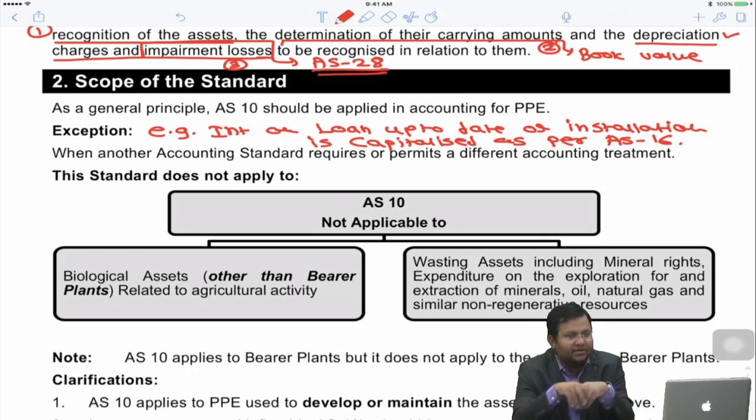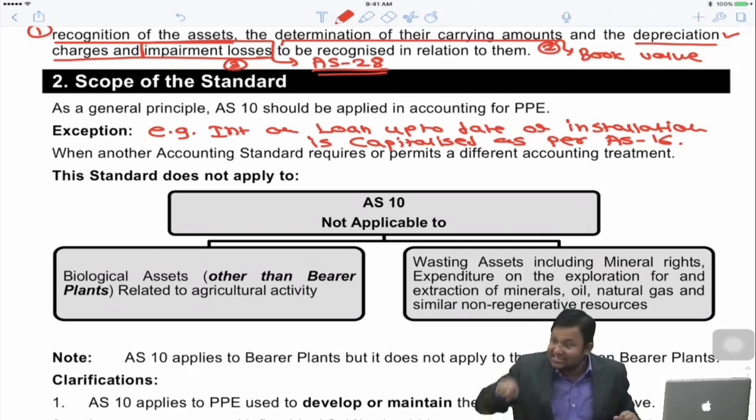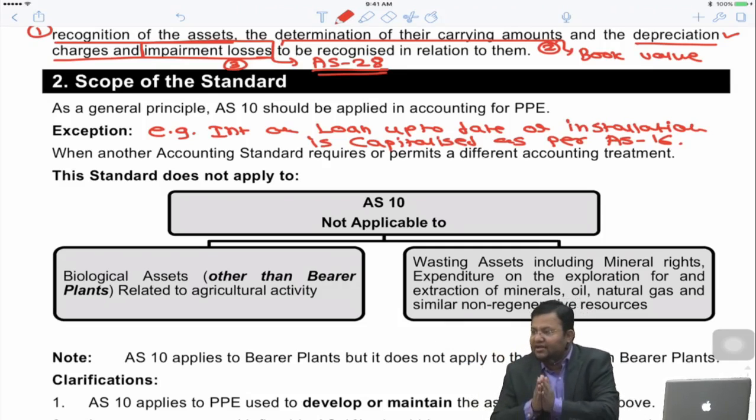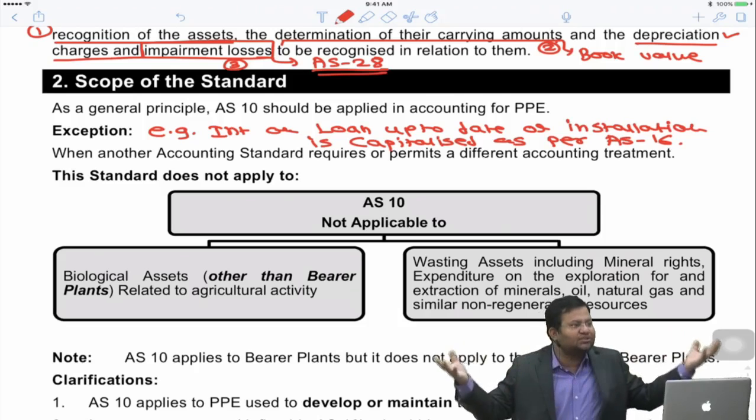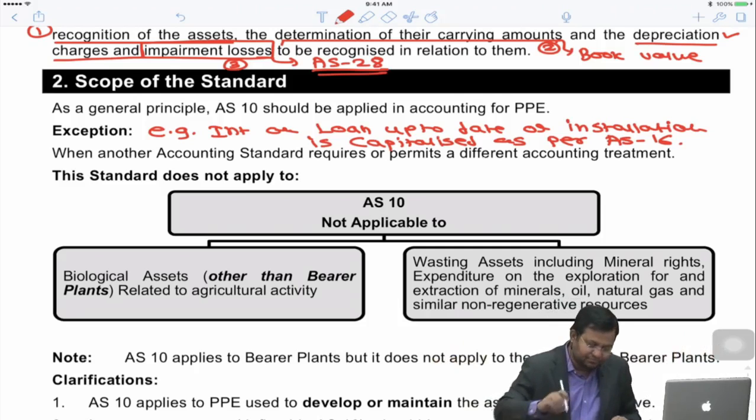आगे definition में आएगा. But there are a lot of businesses which have animals as their asset. Those animals, though the tangible asset, they are not covered by this standard. They are covered by some other standard. So whatever is covered by other standard is excluded. लॉजिक बहुत सिंपल है. एक ही चीज के ऊपर अगर 2 स्टैंडर्ड में 2 अलग अलग रूल है तो कंफ्लिक्ट हो जाएगा ना. हमें कंफ्लिक्ट नहीं चाहिए.